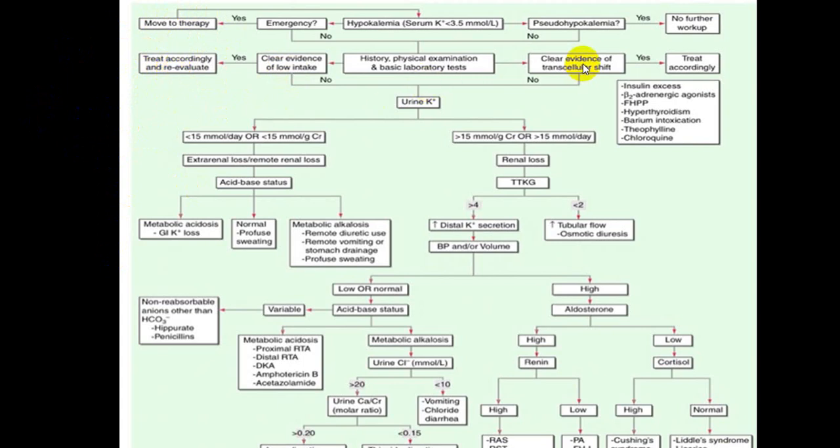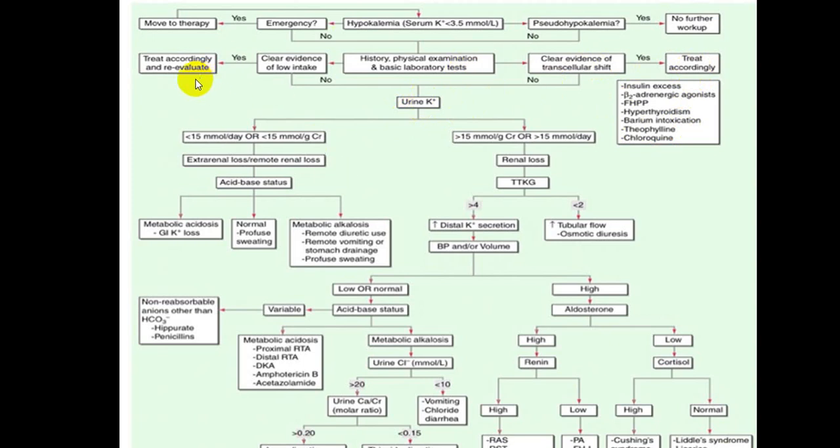If there is clear-cut evidence of a transcellular shift, either because of insulin excess, beta-adrenergic excess, hyperthyroidism, barium intoxication, theophylline, chloroquine, etc., then treat accordingly. If the answer is no, we go for renal loss versus non-renal loss.